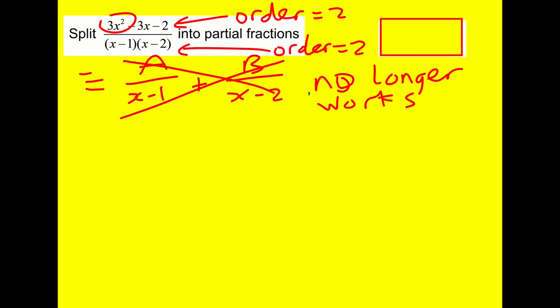This was not the case for all our previous partial fraction cases. It was always just an x in there and a constant. The numerator order was always less than the denominator order.